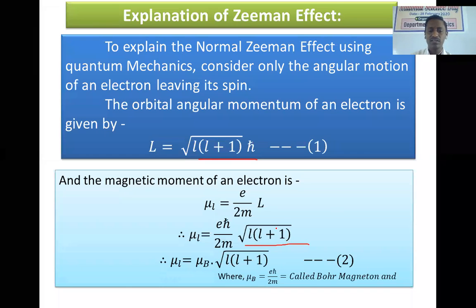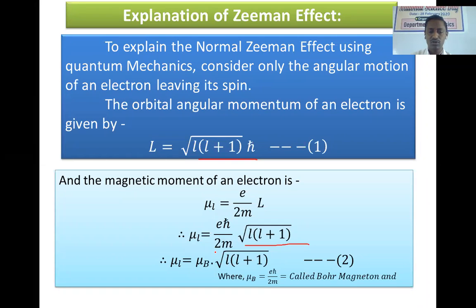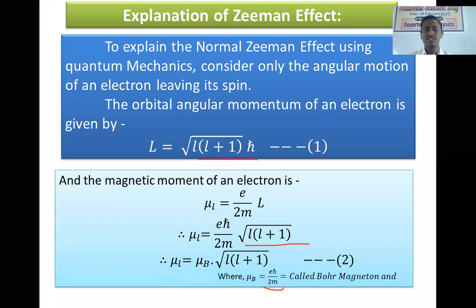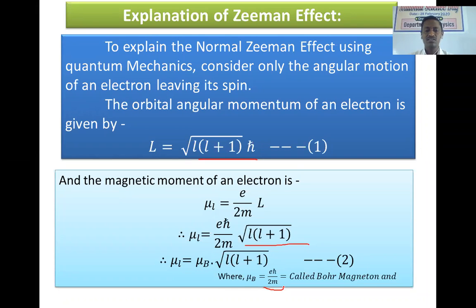The quantity e h cross upon 2m is called the Bohr magneton. It is the smallest unit for measurement of the magnetic moment of an electron.